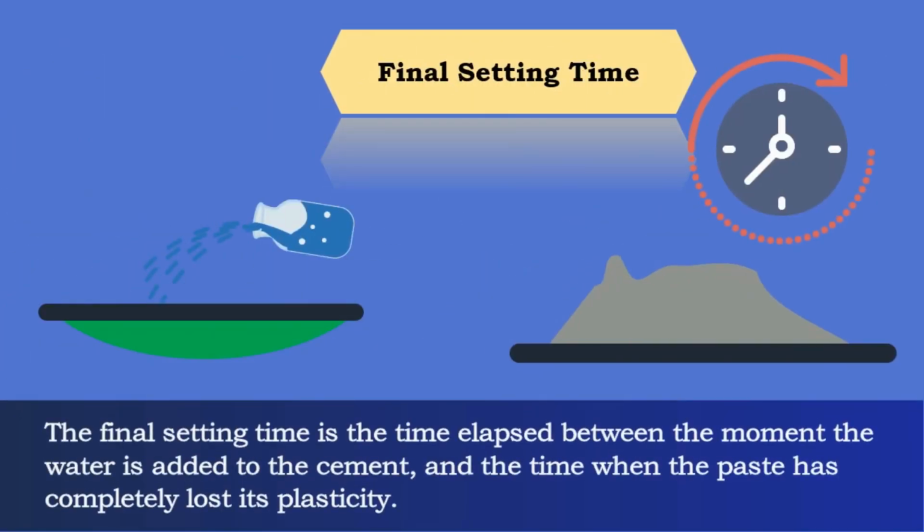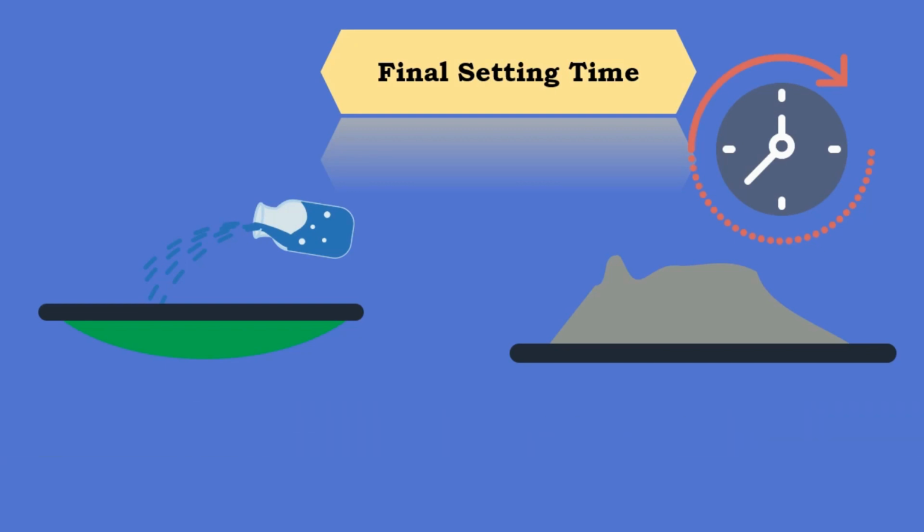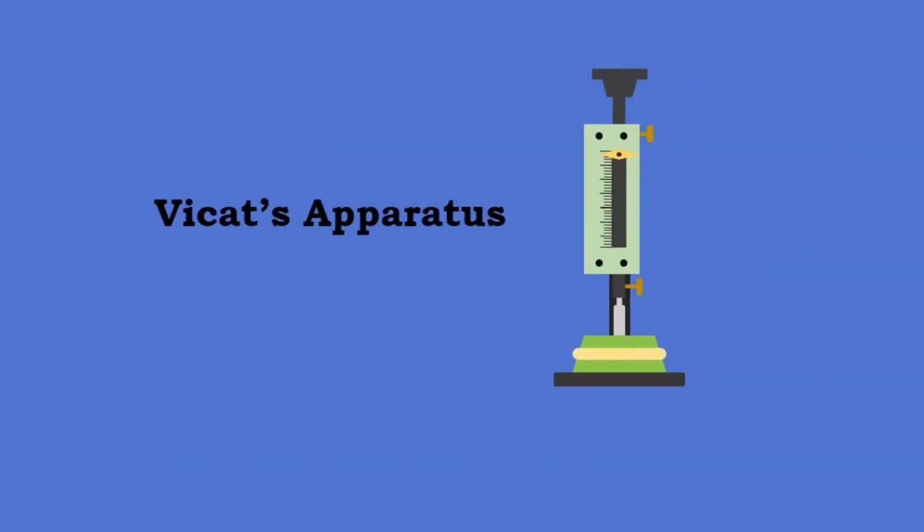The final setting time is the time elapsed between the moment the water is added to the cement and the time when the paste has completely lost its plasticity. So we use the Vicat apparatus for both the tests.